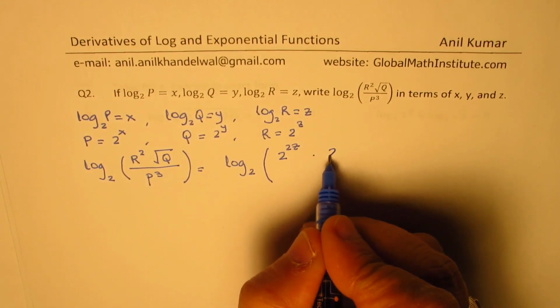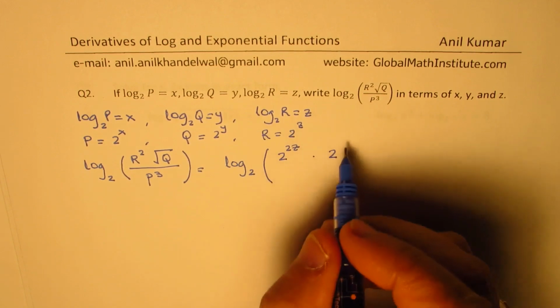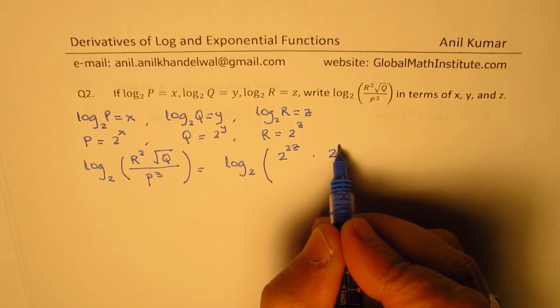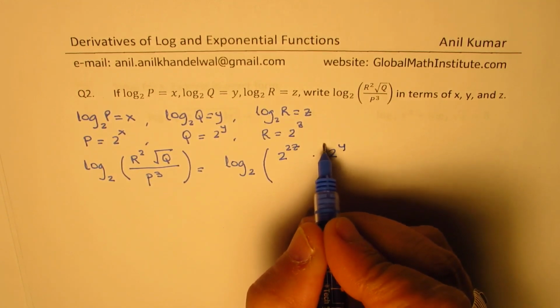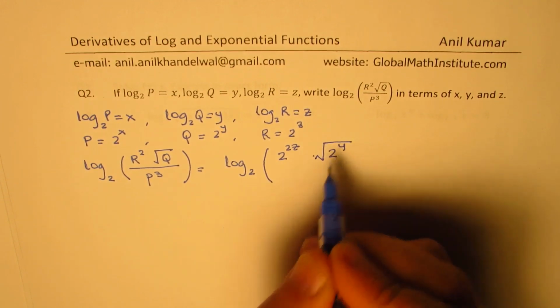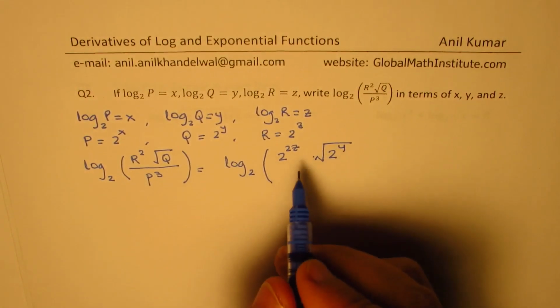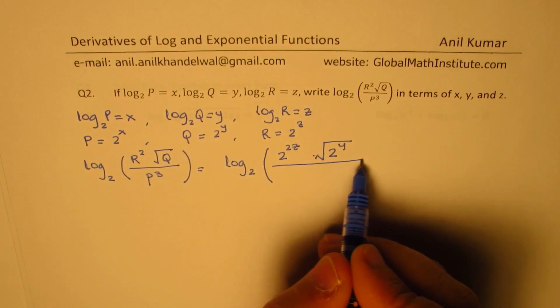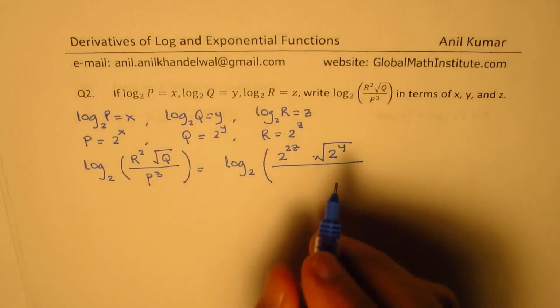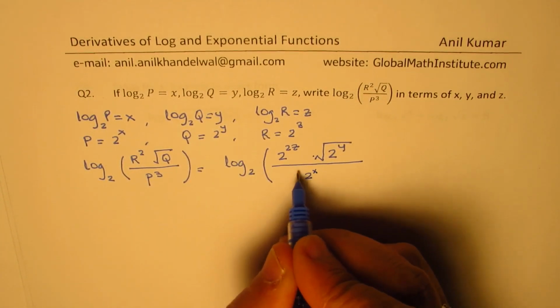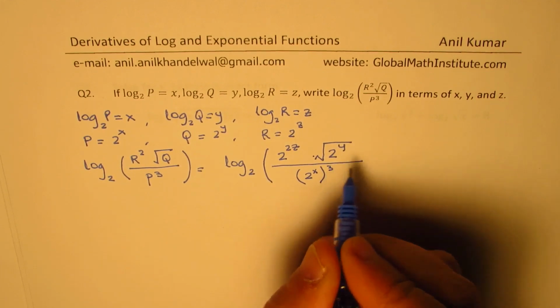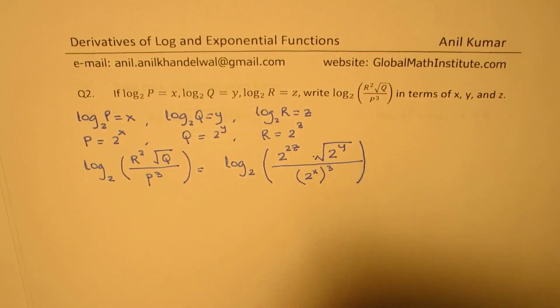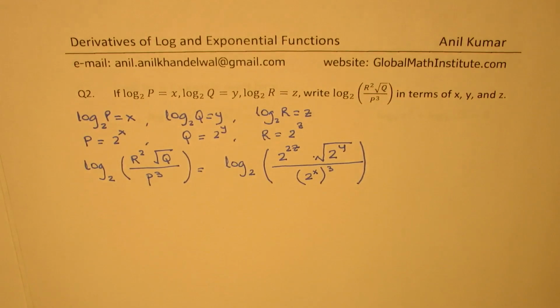So 2 to the power of y, square root. And then we have p cubed, which is 2 to the power of x, cubed. I hope that makes sense, right?